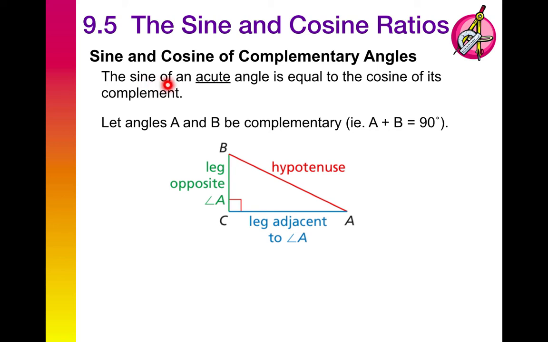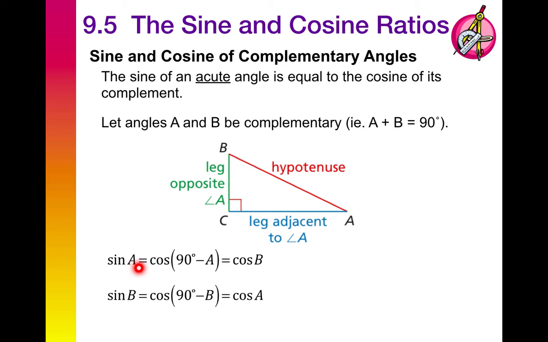So the sine of an acute angle is equal to the cosine of its complement. Let A and B be complementary. Then we know that the sine of A is equal to the cosine of 90 degrees minus A, or the complement of A. And the complement of A is, well, it's B.